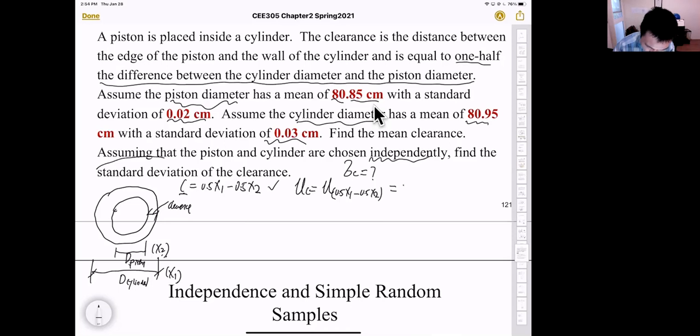So that is equal to 0.5 mu x1 minus 0.5 mu x2. Mu x1 is given, and so is mu x2.